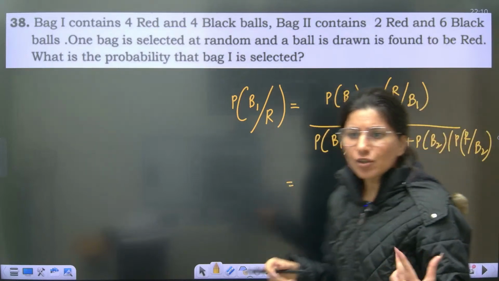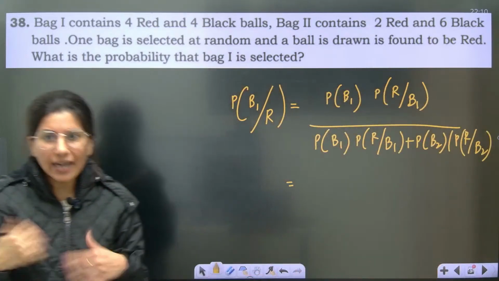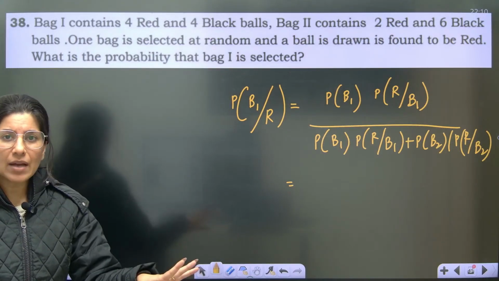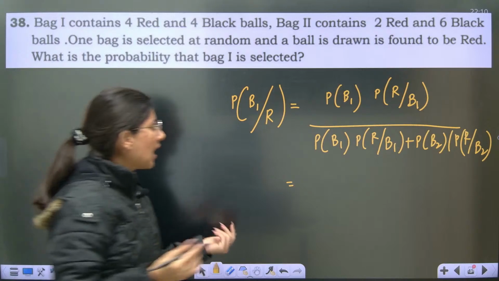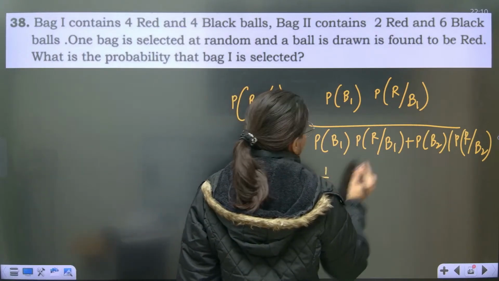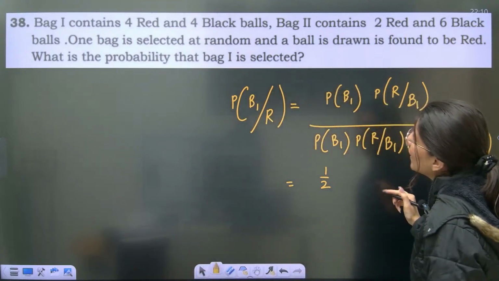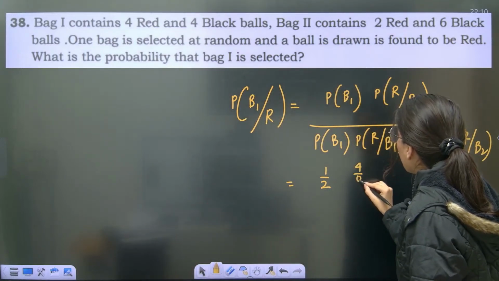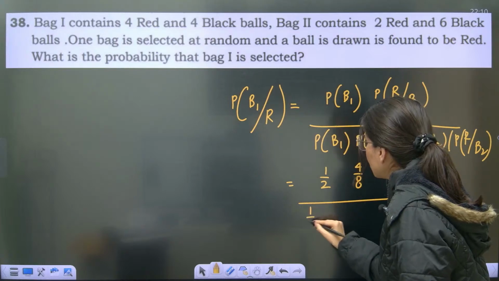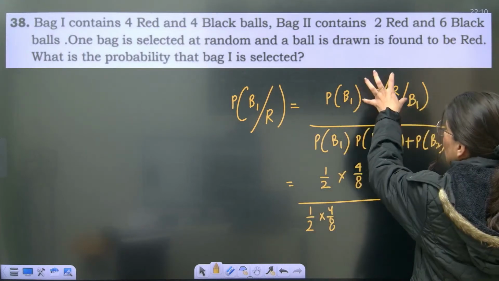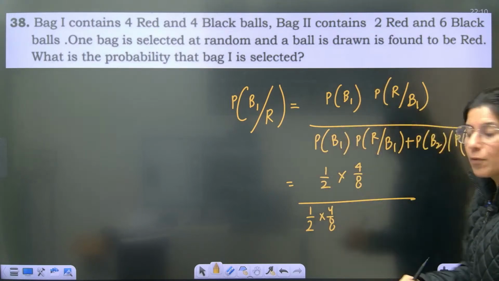The probability of selection of bag 1 and bag 2 both will be half. Either selecting bag 1 or bag 2, equal probability half. Now the probability of a red ball coming from bag number 1 will be 4 by 8, upon again 1 by 2 into 4 by 8. In Bayes' theorem you will always see that the numerator part will match with a portion of the denominator.